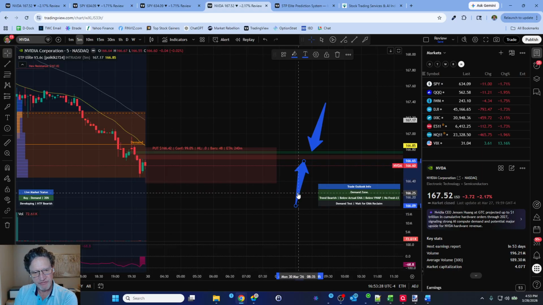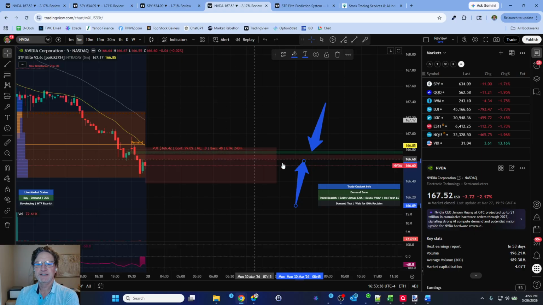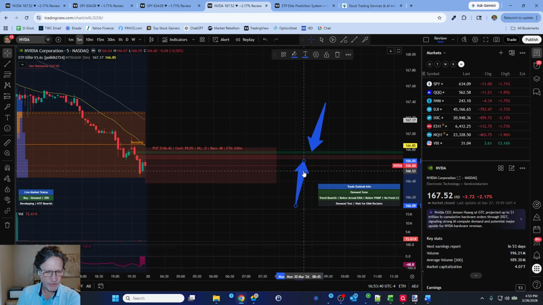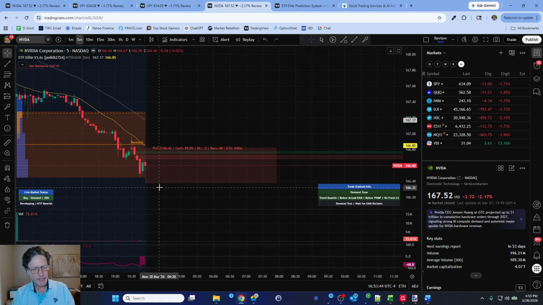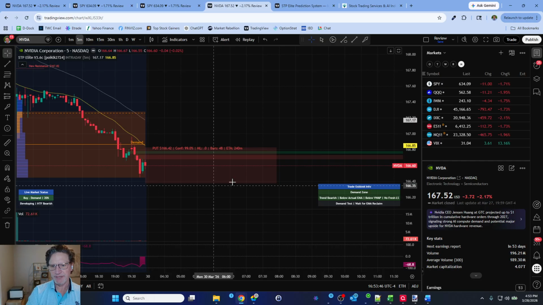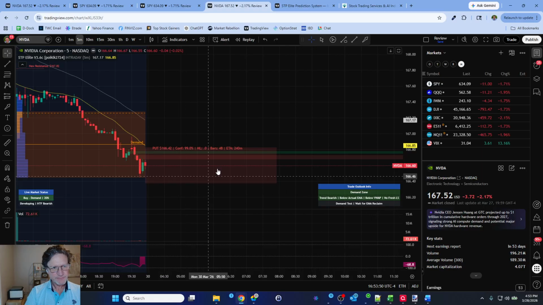So I've included fair value gaps, and as you're trading, you'll see that oftentimes this is an area where the next candle will actually hit and get stuck there before it has enough volume or buyers or sellers to push it through those fair value gap areas. But that's what those shaded lines are, is fair value gaps.